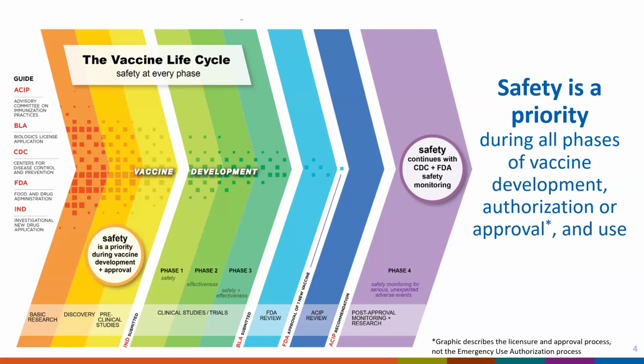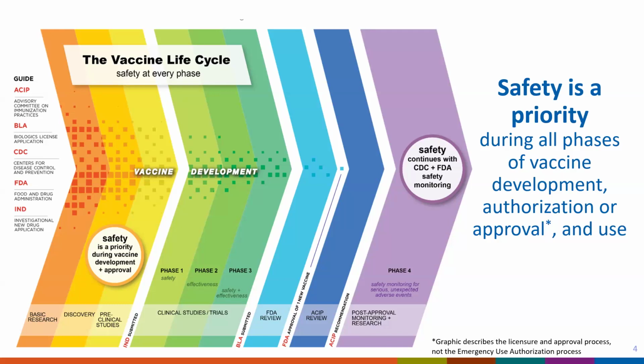At this stage, a company that develops a candidate vaccine that demonstrates a desired immune response submits an investigational new drug application, or IND, to the FDA, which summarizes all of the data and describes the proposed clinical protocol. If the FDA approves the IND application, the vaccine undergoes 3 phases of clinical testing.